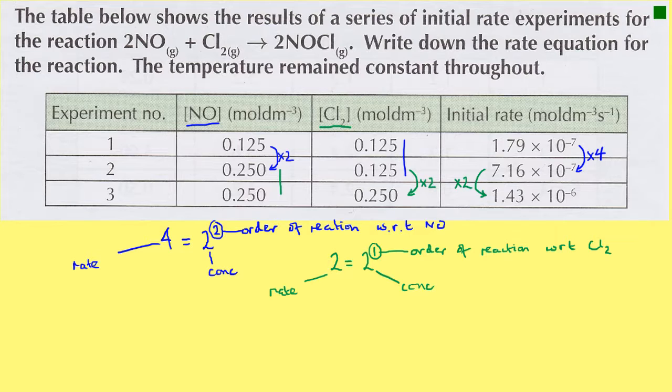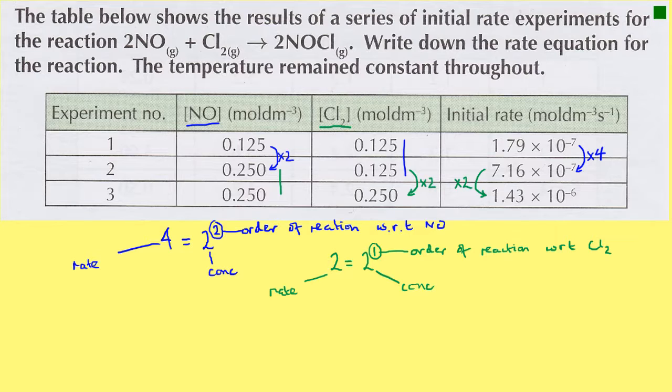And this is what happened to the rate, and this is what happened to the concentration. And so now we know that the order of the reaction with respect to nitrogen monoxide is 2. And that we got from experiments 1 and 2.